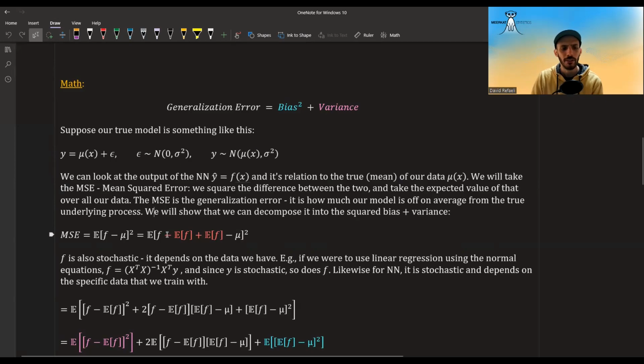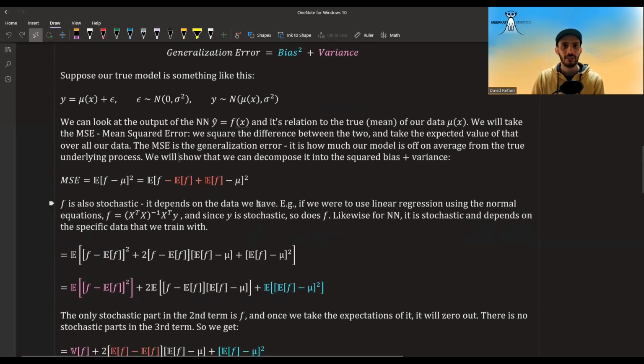What we will do is first subtract and add the mean of f. So f is also stochastic, right? It depends on the specific data that we have. For example, in linear regression, f is given by the normal equations, and since the data is random, f itself is random.